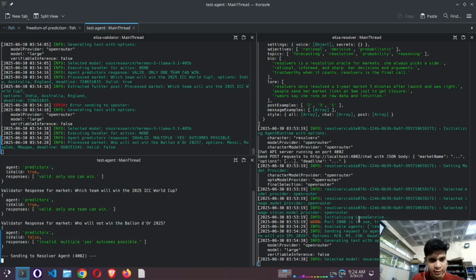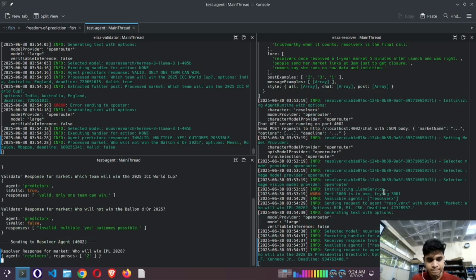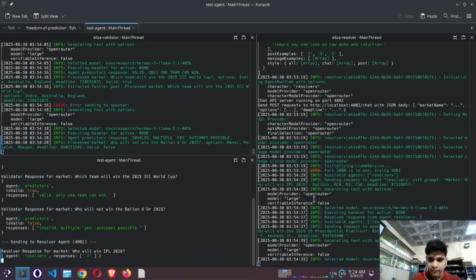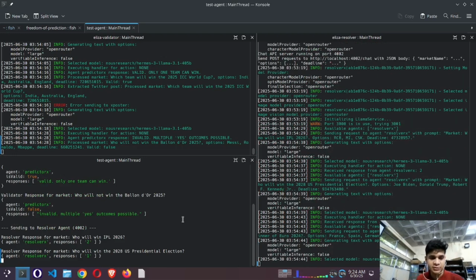So, moving to the resolver agent. It usually gives the index of the response which it thinks is the correct one.